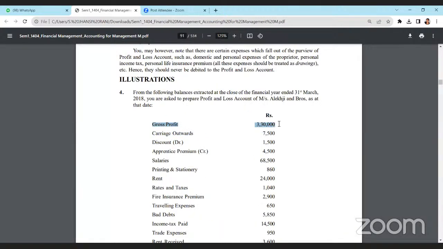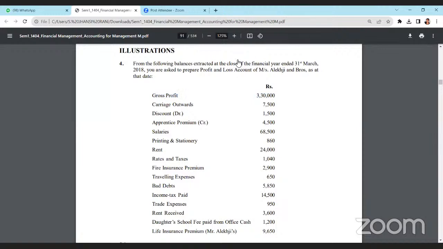So gross profit is nothing but income to us. As I said, gross profit is an income, and in profit and loss account, so the T-shape, credit side, all incomes, debit side, all expenses will be written.